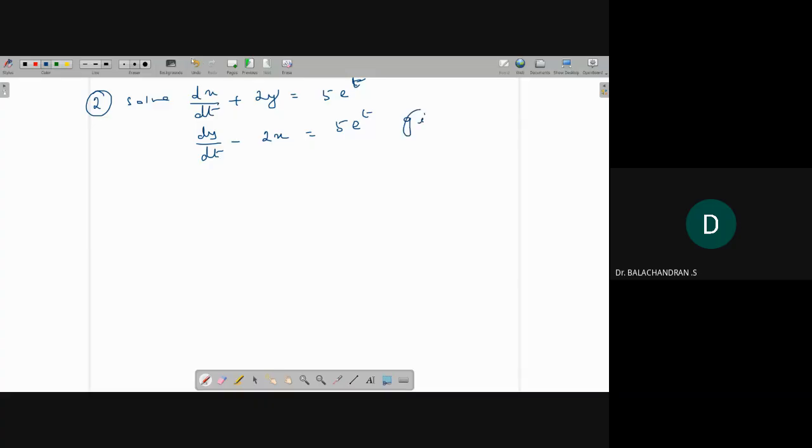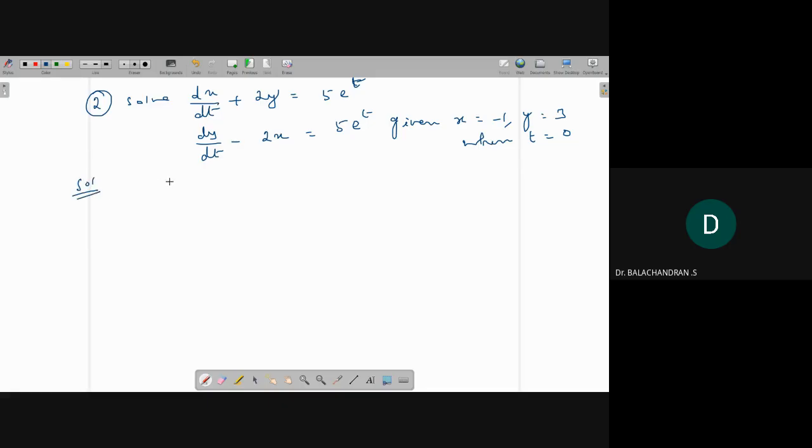Given x is equal to minus 1 and y equal to 3 when t equal to 0. So this is the initial condition to find the values of the constants c1 and c2.